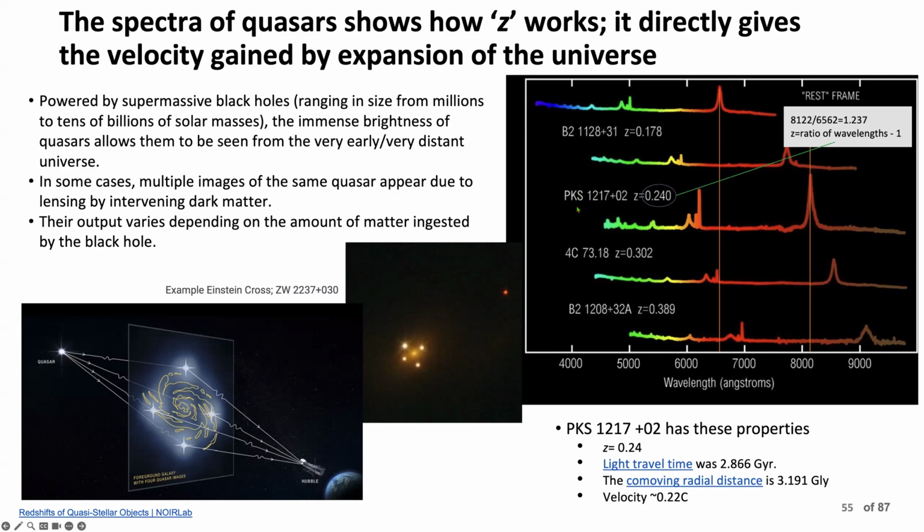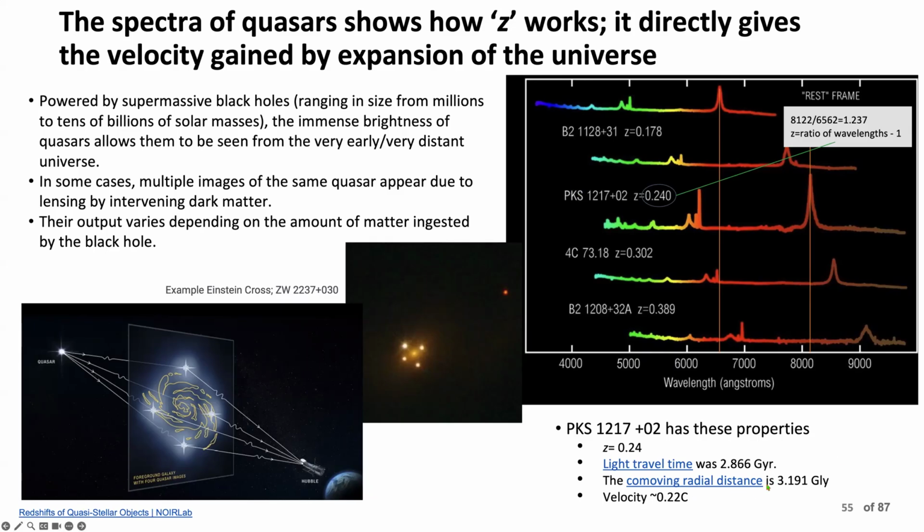This galaxy, PKS 1217, has these properties. It has a Z of 0.24, which means the light we now detect from it was produced about 3 billion years ago. There's that giga years that I failed to define in the first hour.